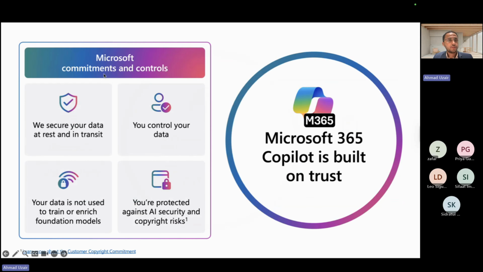Now, Microsoft's commitment is that they secure your data at rest and in transit, you only have control over your data, your data is not used to train any foundational models, which is the LLM part which we saw, and you are protected against AI security and copyright risks, right? So that's the commitment that Microsoft has for us. But beyond that, what we need to take care of is the permissions and stuff, right?